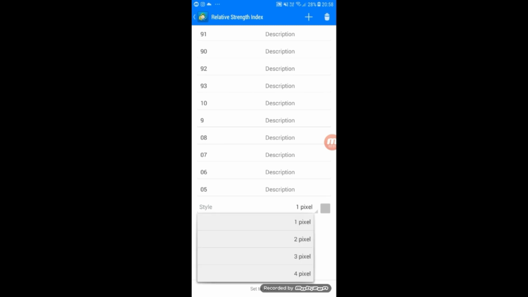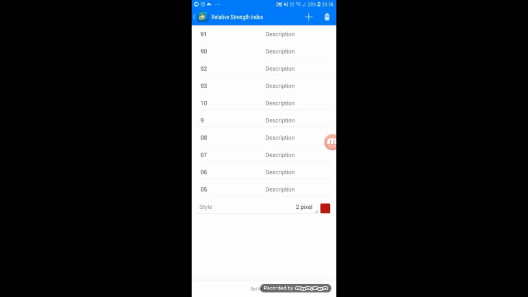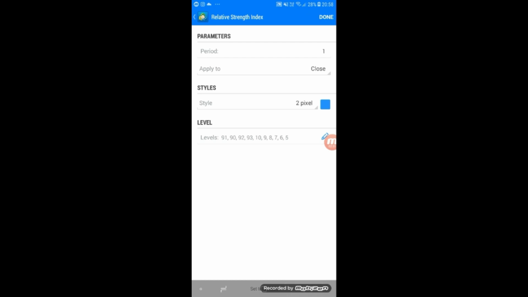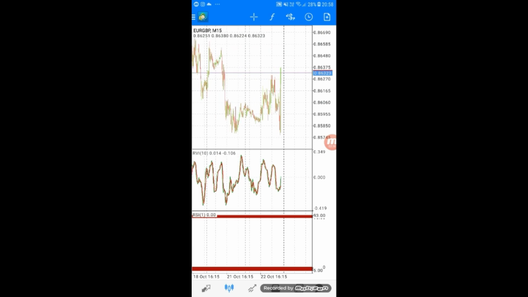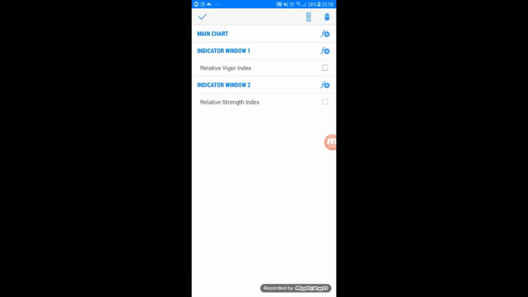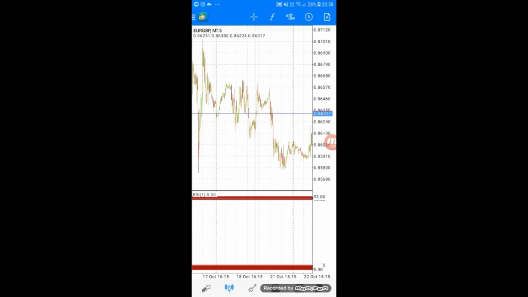For the pixels, just two pixels and red, or let's do 4 and red, then done. Then you will find it like this.